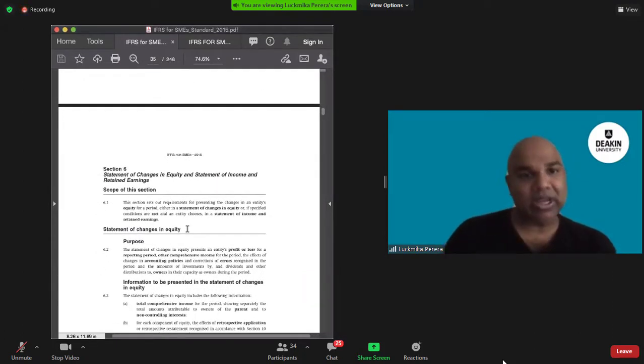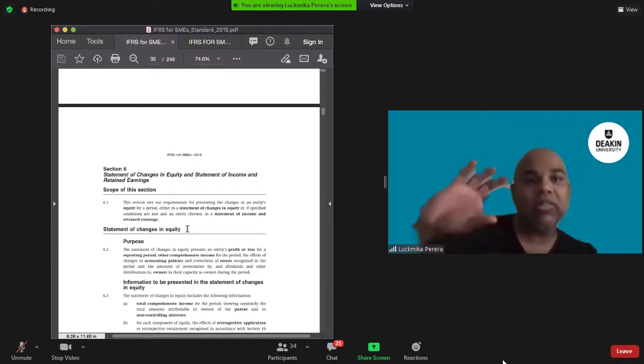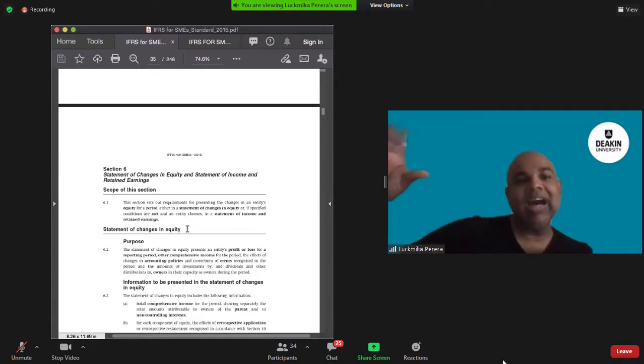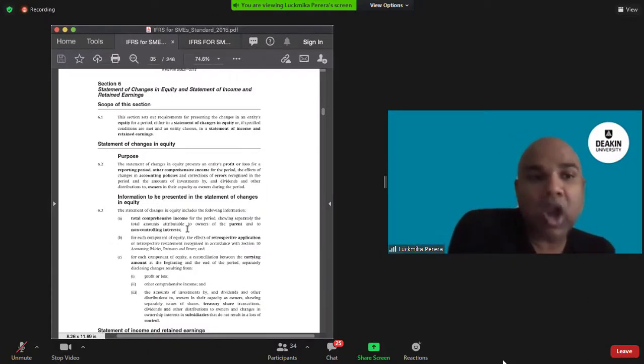Statement of changes in equity and statement of income and retained earnings. The scope of this section is to talk about how the earnings and the equity change based on the income statement. The purpose of the statement of changes in equity is to show how the profit and loss of an organization affects the equity of that particular company.